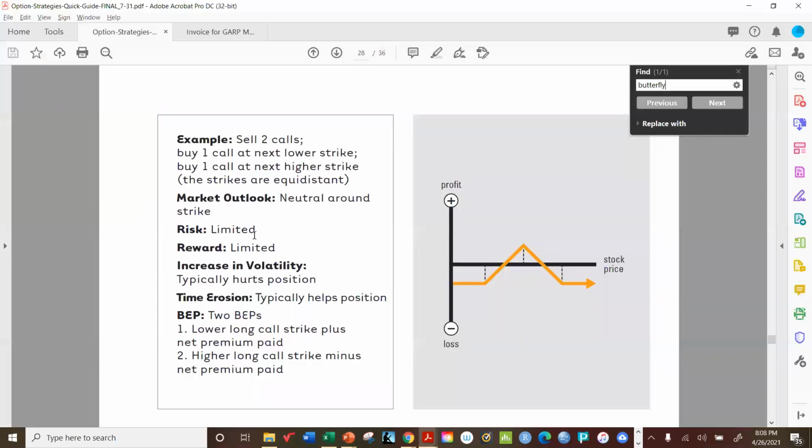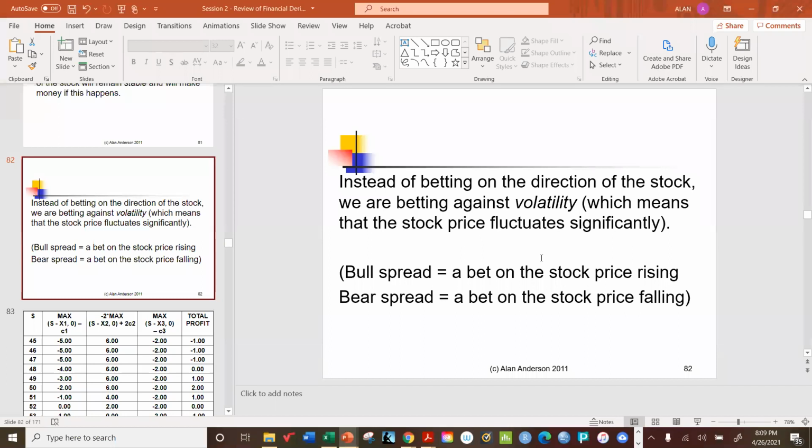So it seems here that they're saying that it's a relatively conservative position, which I guess I agree with them, because you can see there's a maximum gain and there's a maximum loss, and they're pretty close to each other. And this is, by the way, like all spreads, this can be done with all calls or all puts.